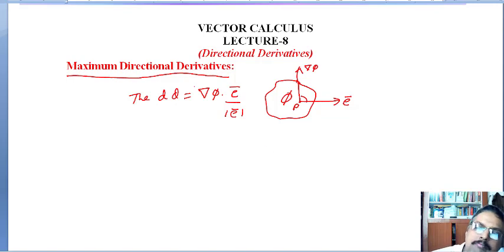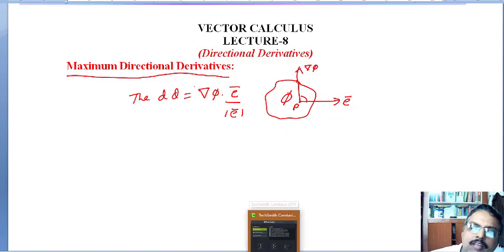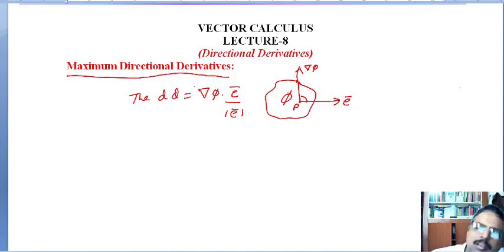Now what is the maximum directional derivative? In which direction does the given function or level surface have the maximum directional derivative? Very simple.